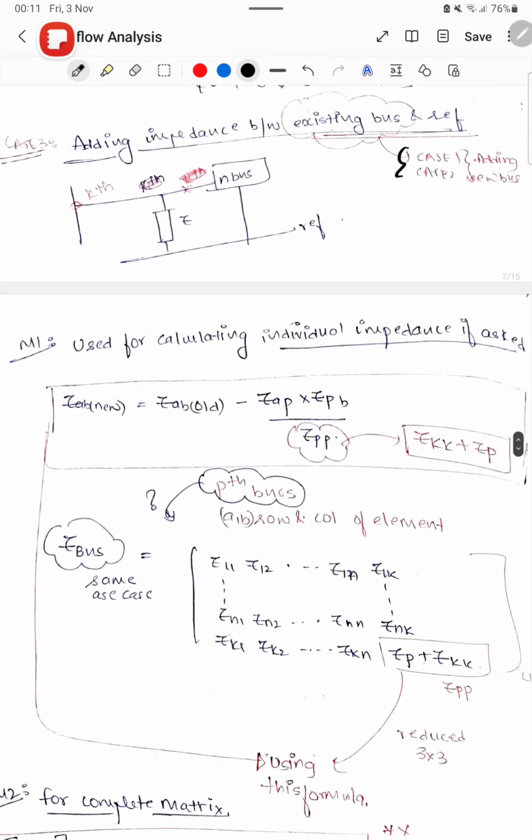Now there can be two questions. They can ask you just to change in a particular element. Let's say Z3, 1.